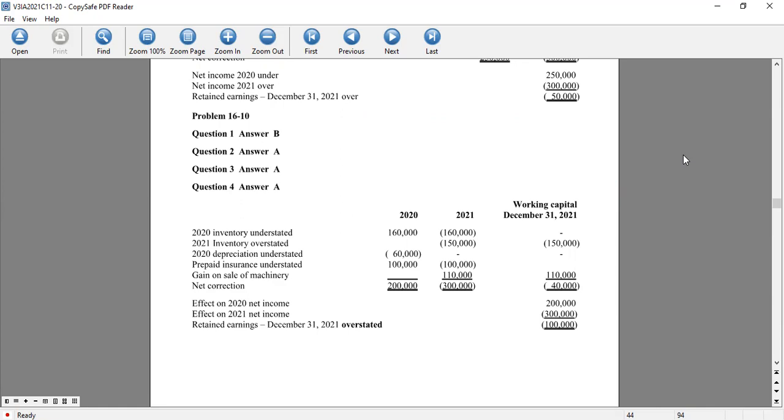So let's begin with 2020, the number one requirement. The answer is B, with the 200,000 understatement.